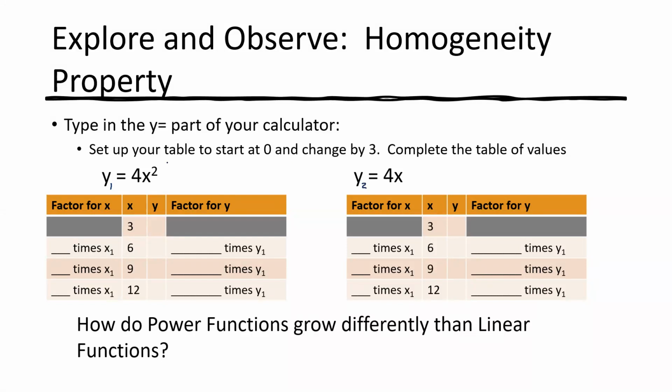Then we're going to set up our table to start at 0 and change by 3 so that we get this list of values. And rather than walking you through all of that in your calculator, I am just going to fill these in. So this first function, our y1 function, I got a value here of 36. Next up, 144. Then 324.